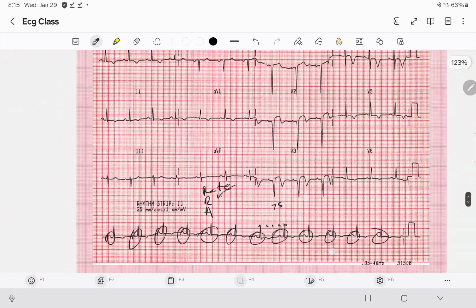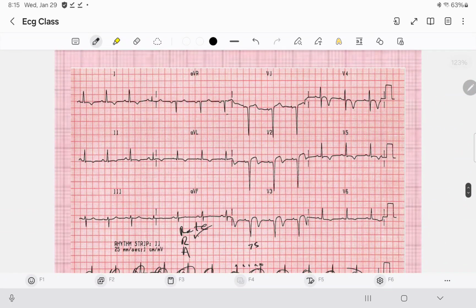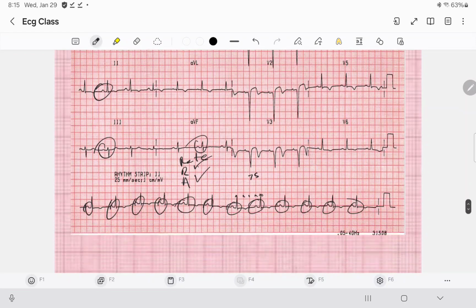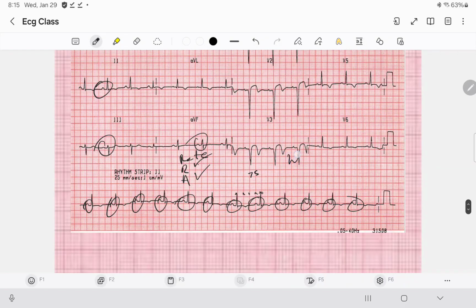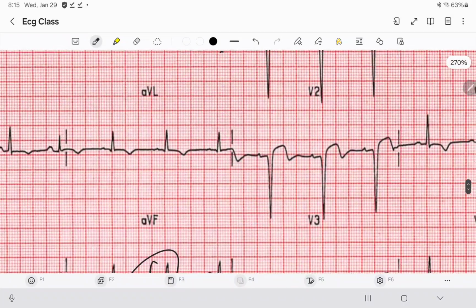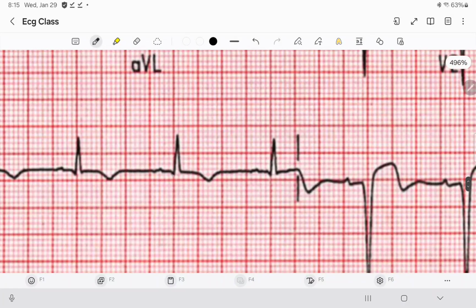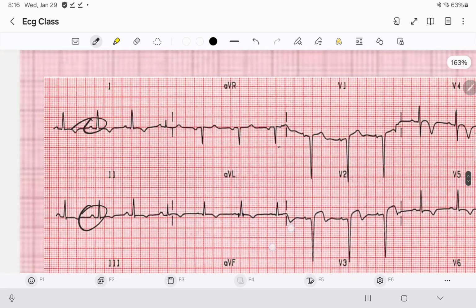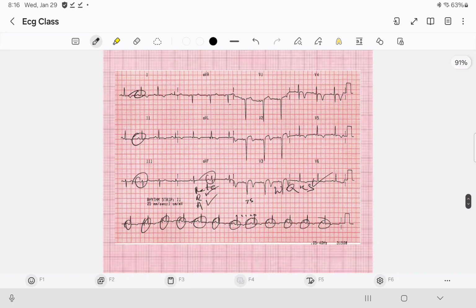All right, P wave axis. Okay, let's look at leads 1, 2, 3, AVF. Yep, we got that. The width of the QRS. Let's zoom in. Let's pick this lead. About here to about here. I would say it's about 2 small boxes, and that's fine. And the width of the PR.